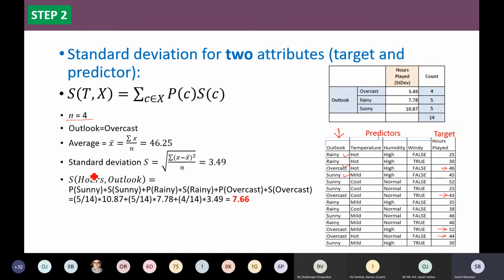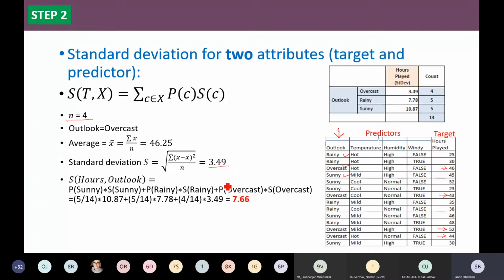Now by making use of the similar formula for standard deviation, S equal to square root of summation of x minus x bar squared divided by n, we are computing the standard deviation S for outlook equal to overcast, and this comes out to be 3.49.